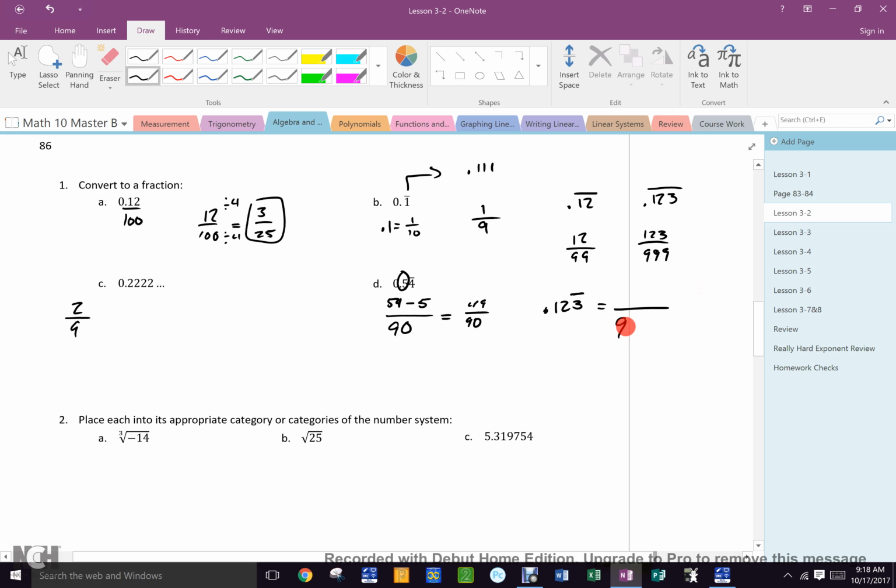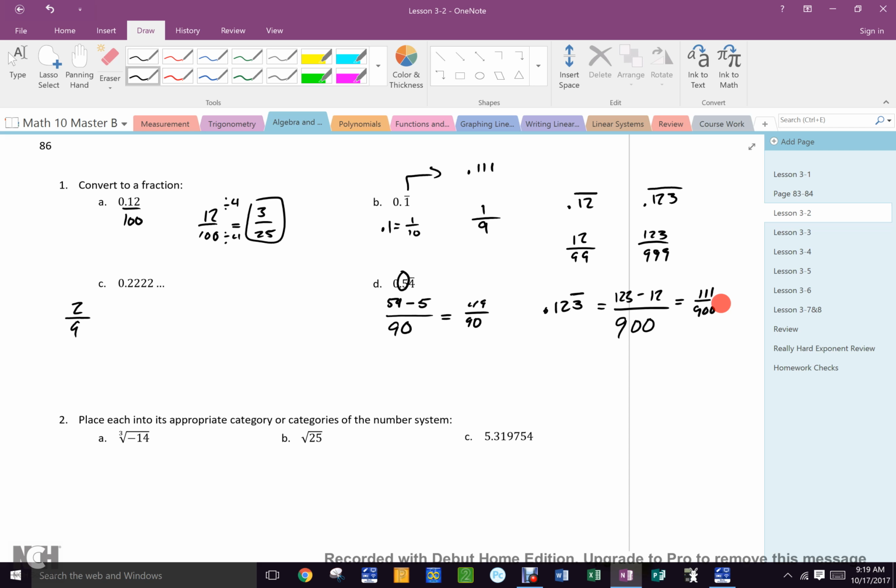So there's a 9 on the bottom. What else goes there? Zeros. And then what goes on top? 123 minus what? How much? 12. Which would be 111 over 900. And then if you check that with your calculator, you get 0.1233333.